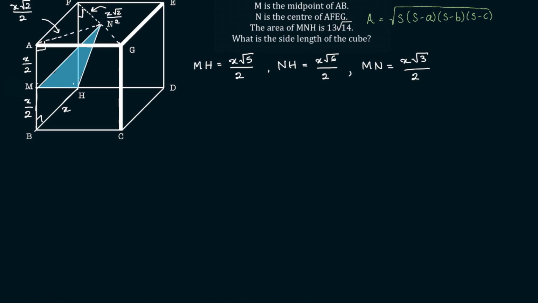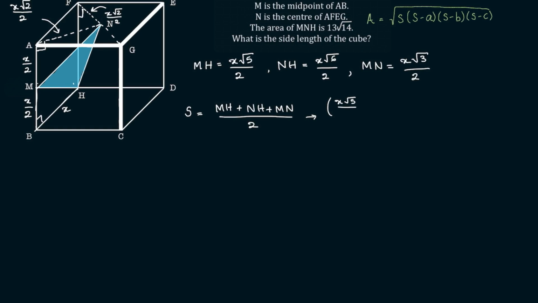Alright, now, the first thing we need to do is calculate the semi-perimeter. To do that, we add up all the lengths of the sides, and then we divide by 2. So, the semi-perimeter is going to equal MH plus NH plus MN over 2. Now let's plug our values in.